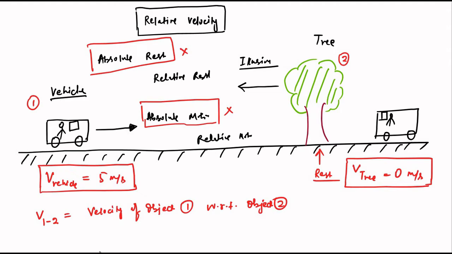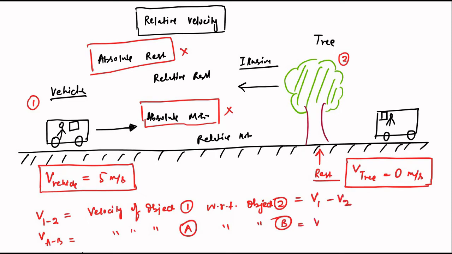When you see relative velocity expressed as v subscript 1,2 or anything, it can also be written as v subscript AB. So it is velocity of object A with respect to object B, and it is expressed as velocity of object 1 minus velocity of object 2.